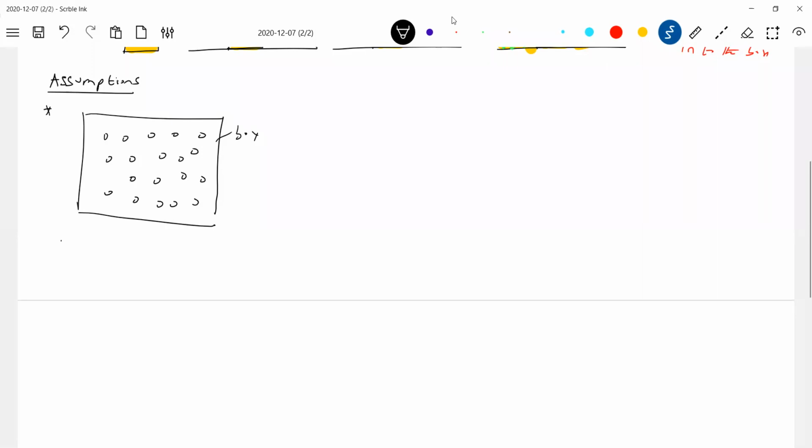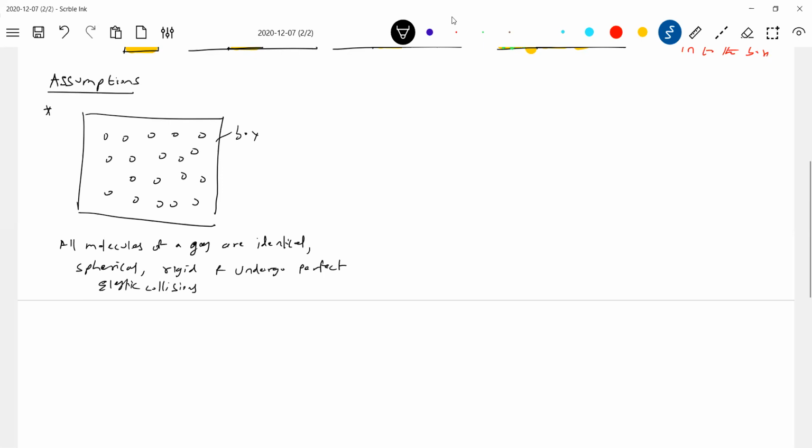So the first thing is: all molecules of a gas are identical, spherical, rigid, and undergo perfect elastic collision.